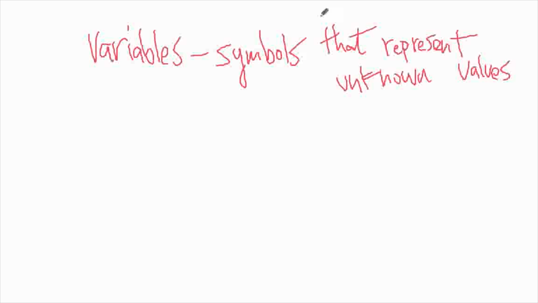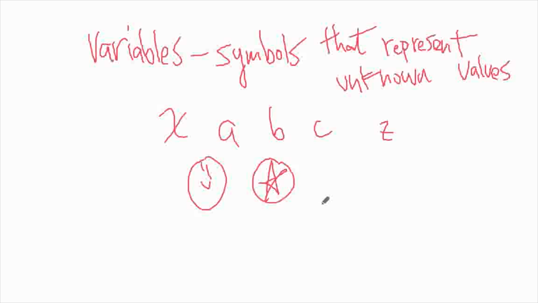For example, you could call an unknown value the letter X, which is traditionally a common one, but there's no reason you couldn't use A or B or C or Z. And if you really wanted to freak people out, there's no reason you couldn't use a happy face or star. You get the idea. It's just a symbol, a placeholder until you figure out what the value is.